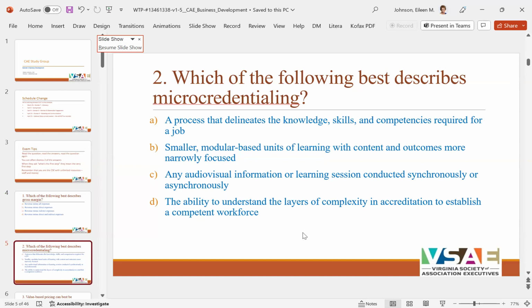B, smaller modular-based units of learning with content and outcomes more narrowly focused. C, any audiovisual information or learning session conducted synchronously or asynchronously. Or D, the ability to understand the layers of complexity and accreditation to establish a competent workforce.